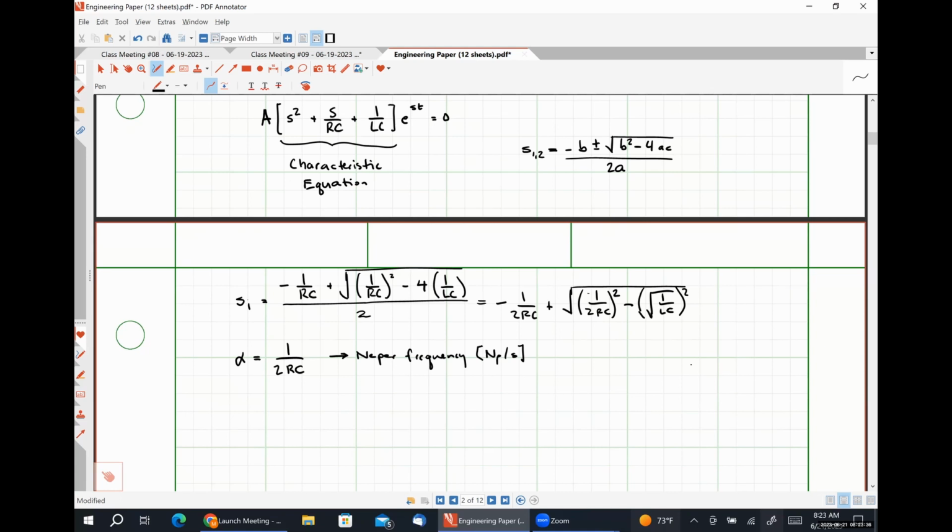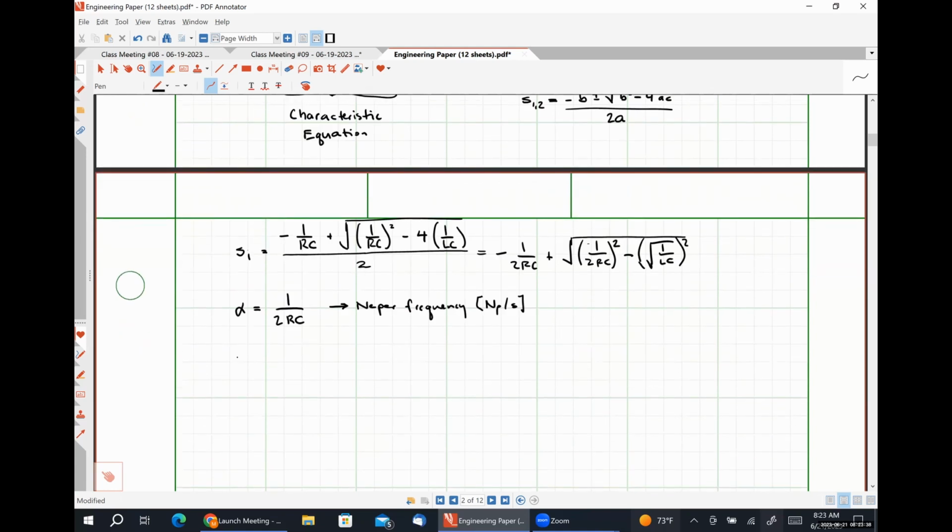Okay. Our second quantity that we're going to have, omega naught, is the square root of 1 over LC.